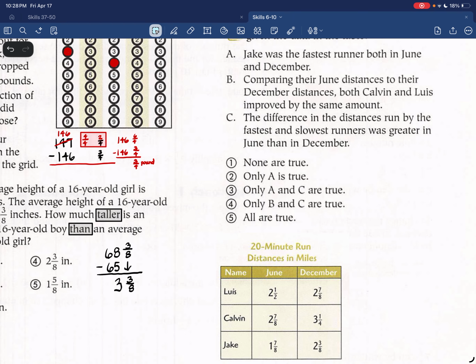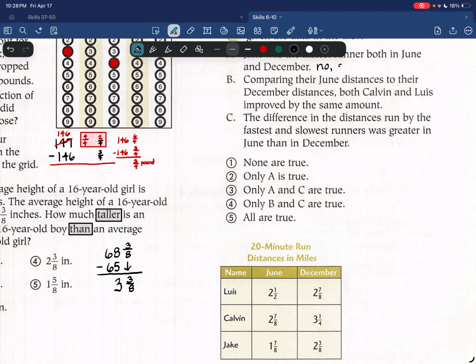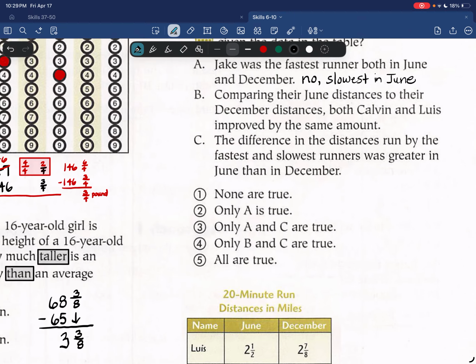He actually covered the least ground. So that is not a true statement. He was the slowest one in June, because he was in the 1s when the others were in the 2s. So that is not our answer.